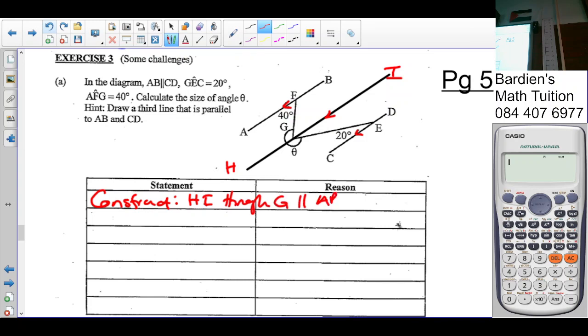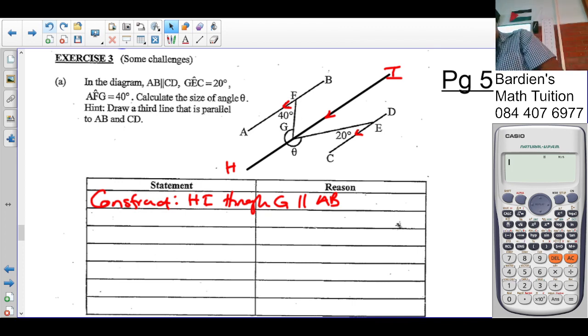Doesn't matter. If it's parallel to AB, automatically it's parallel to CD. That must be said there. Why? Because we have done something to the diagram. Remember, whatever is not on the diagram must be stated. Again, I'm going to pause the video at this point.